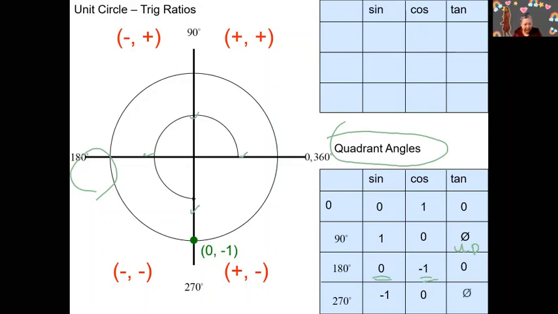Then in that case, -1 over 0 will be undefined again. So that's gonna be the values over the quadrant angle. Then if you go back to 360, it's the same as the 0 because it's the same position, right?